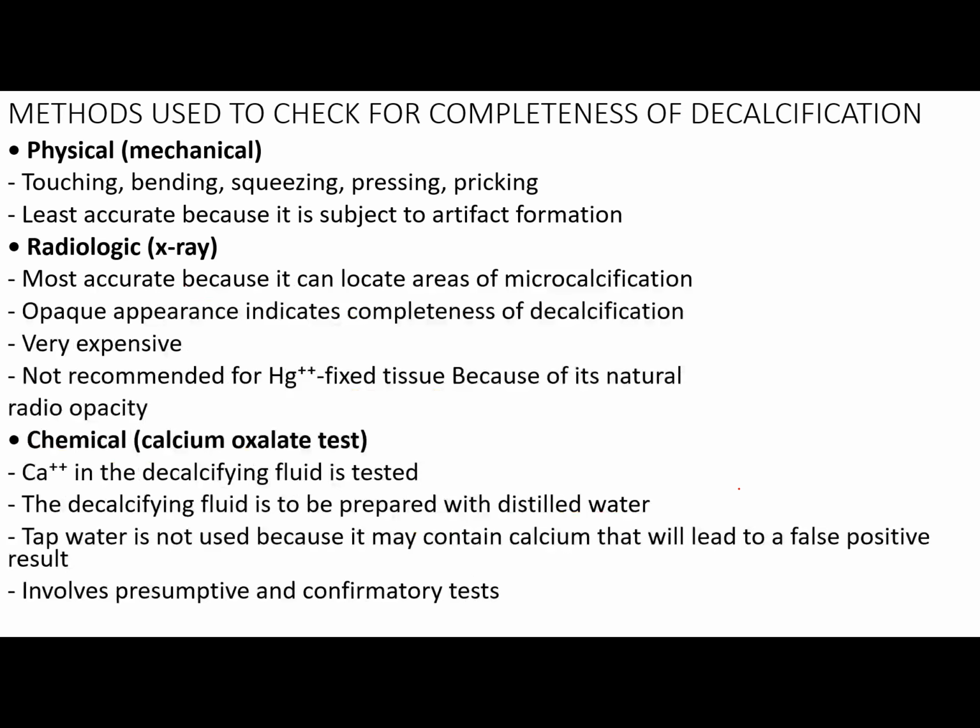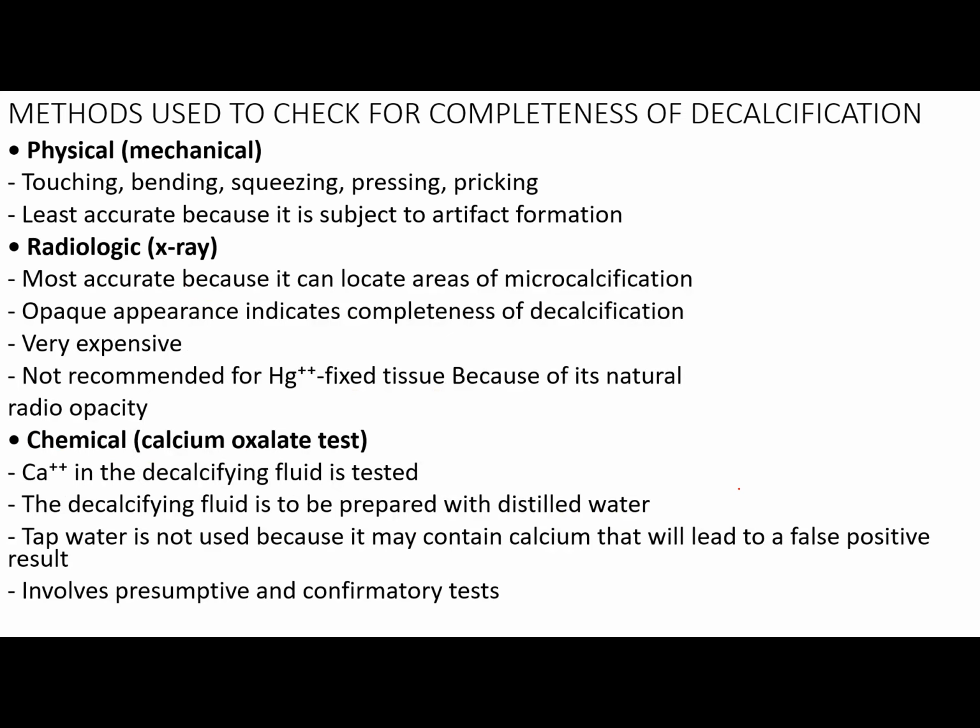Now, how would you check for the completeness of decalcification? There are different methods. The first one is via physical or mechanical. Touching, bending, squeezing, pressing, and pricking are examples. This is the least accurate method because it is subject to artifact formation.